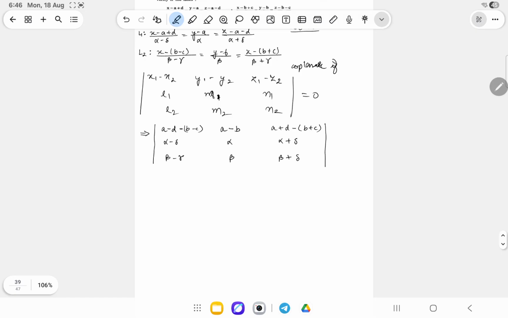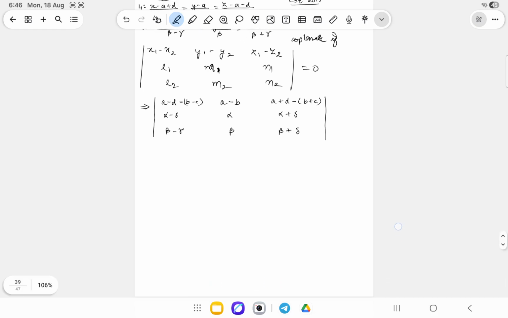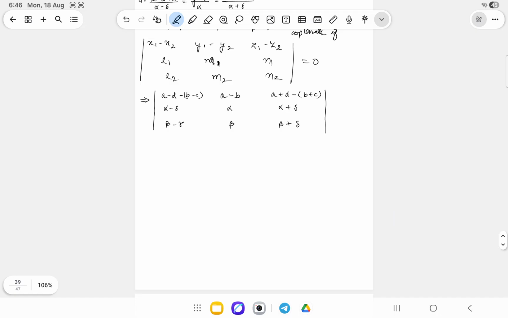There are two ways to move ahead. Either we can just use the formula, calculate the determinant and simplify it, but I guess that will be too complicated. So we'll use elementary operations on this and see if we can simplify it further.